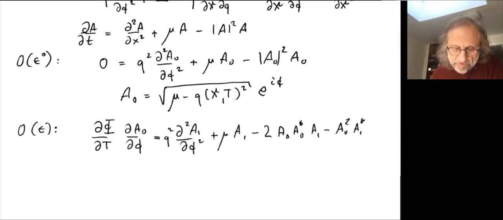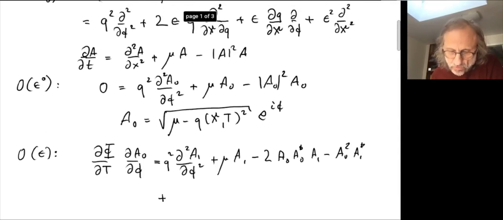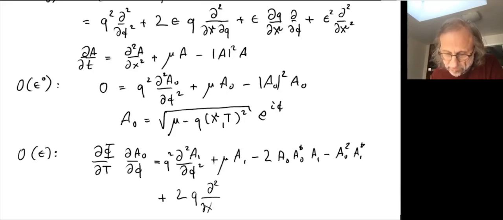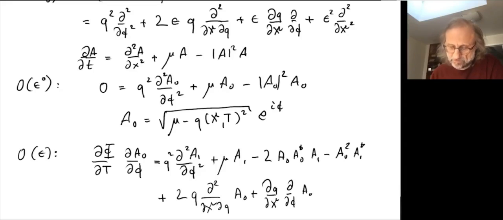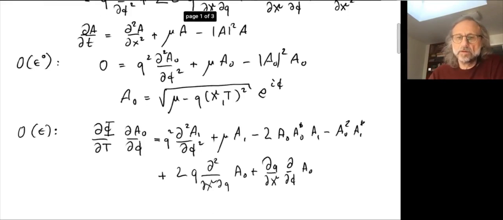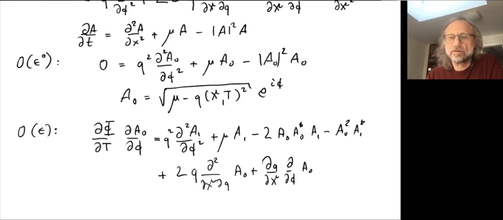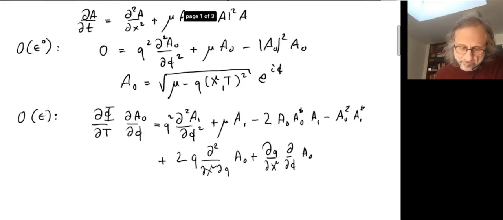So we put plus 2q second derivative with respect to slow x and with respect to q of A0 plus dq by dx d by dφ A0, and that's it. So now the question is, what structure does that equation have?